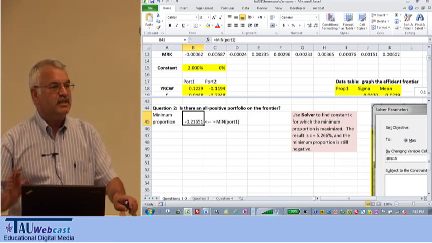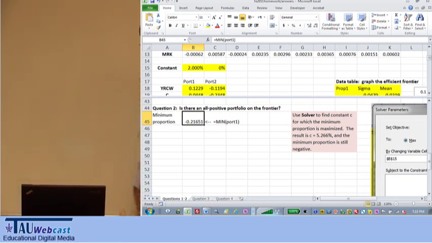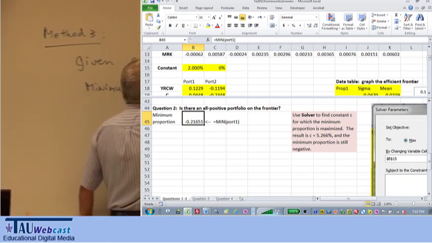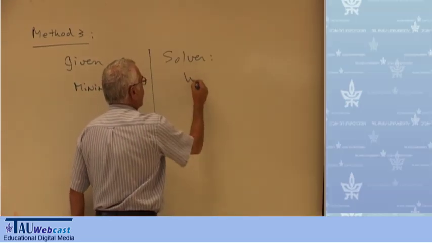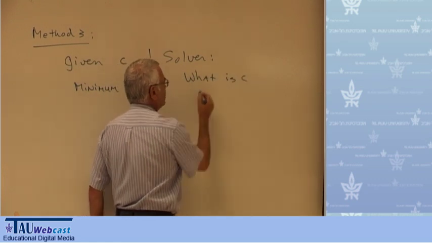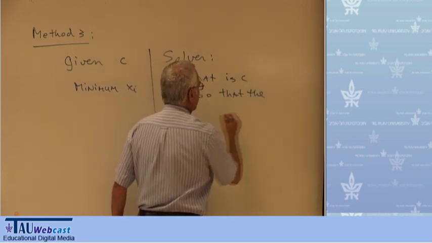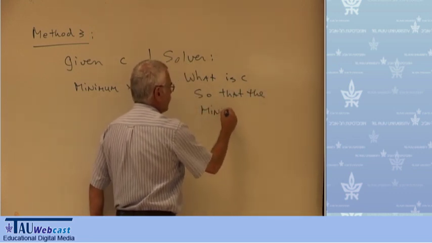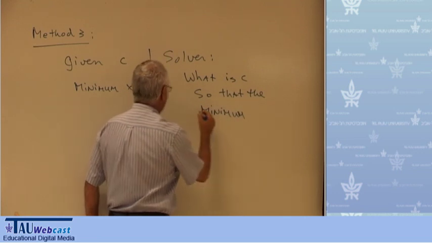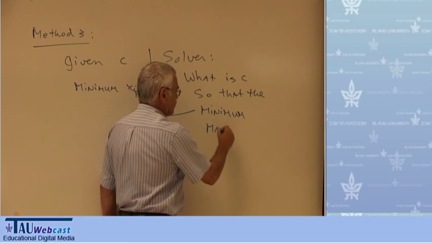Okay? And now I'm going to go to solver, and I'm going to ask a question. What is C so that the minimum, that's this thing, is maximized?